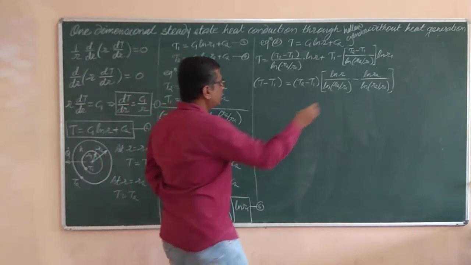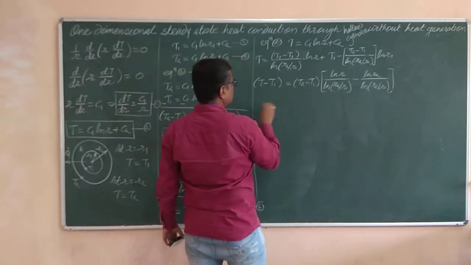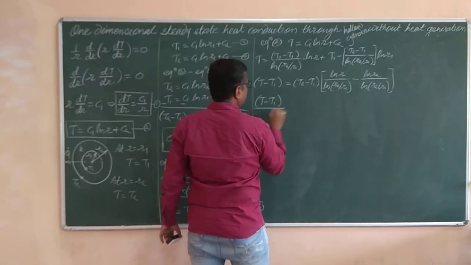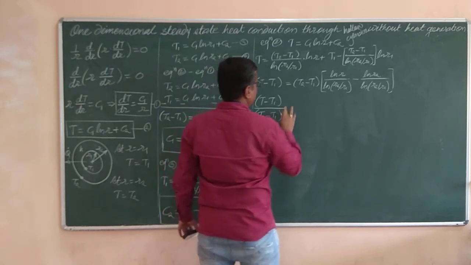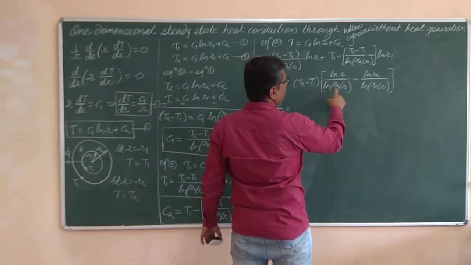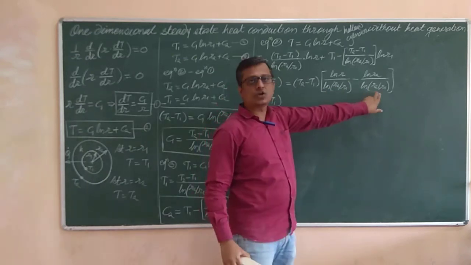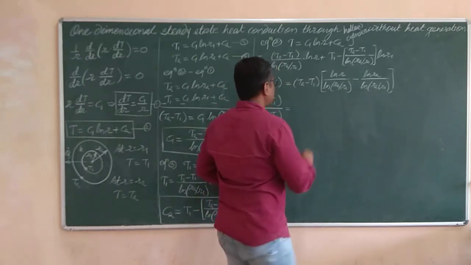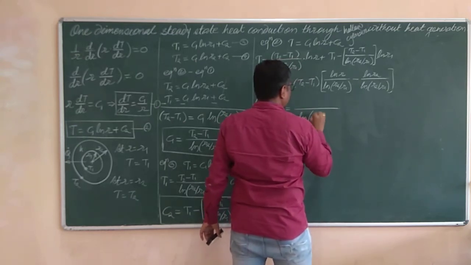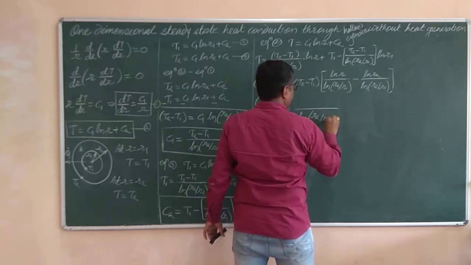So again it can be simplified. Now take this part over to this side. So you will have T minus T1 divided by T2 minus T1. This is the one term, and that equals, now if we take the natural log of R2 by R1 as LCM, so this is the natural log of R2 by R1.